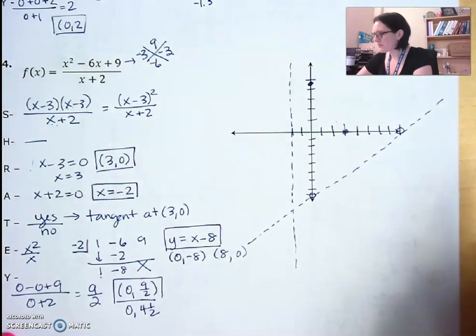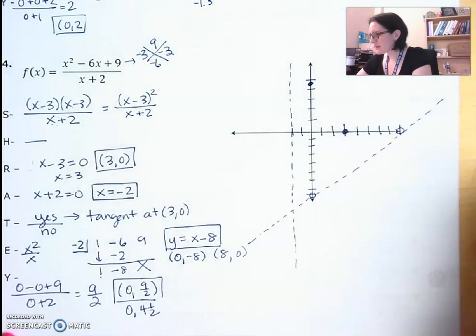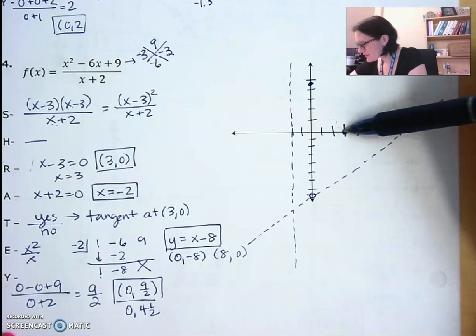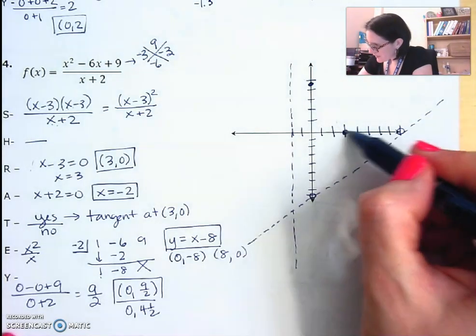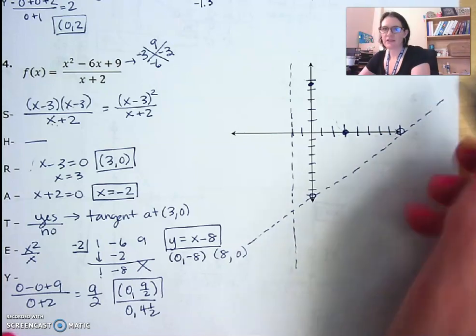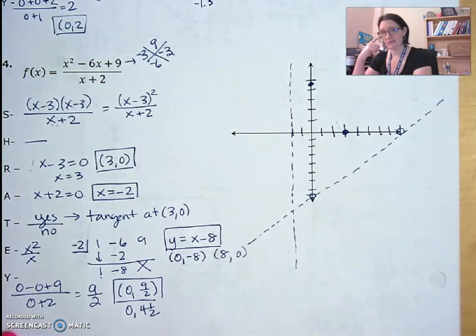All right, so our goal now is to get our curve to go through the y-intercept, tangent at the root, and then approach that oblique asymptote over there. So wish me luck. I'm not going to be very good at this.